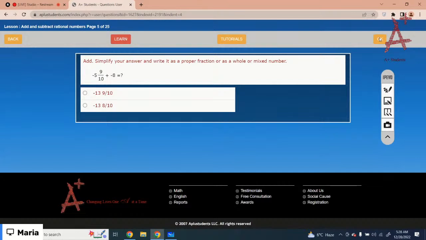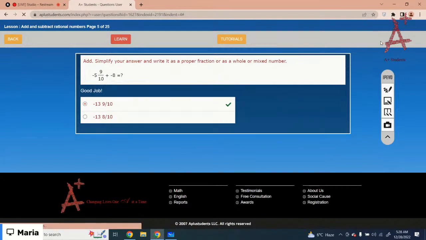It would be negative 13 whole 9 by 10. Got it? The first option is the correct one. Just select the correct option, then click on the OK button.